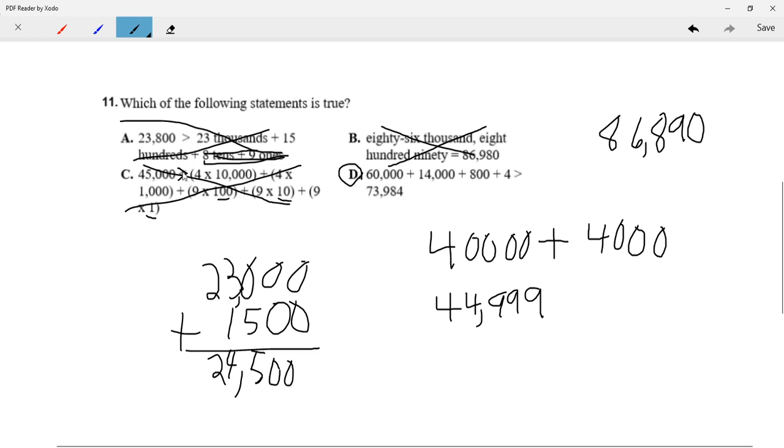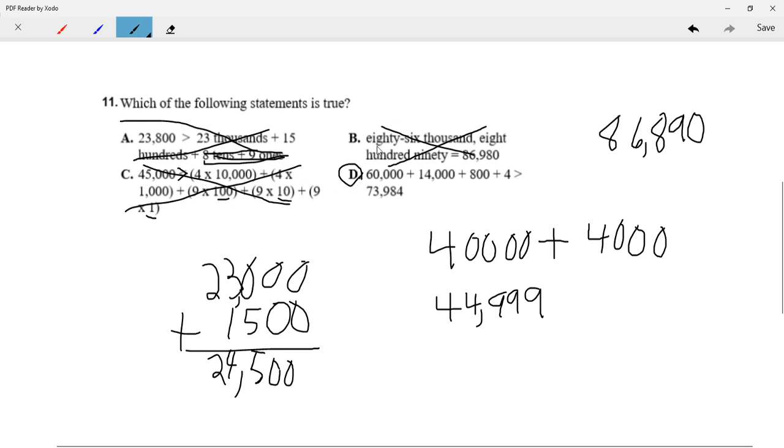Another suggestion on something like this: even if you go through and A is not correct and B is correct, I would go through the other two answers too, just to make sure that they are both incorrect.